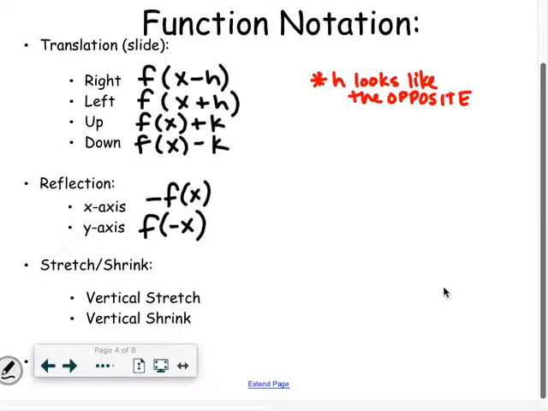Okay, so then there are the stretches and the shrinks, and those are the ones where your graph gets wider or narrower. But we're going to try to use the vocabulary stretch and shrink because we're also going to be learning new functions later on that really can't be described as wide and narrow or like parabolas and these. So we're going to use this phrase vertical stretch and vertical shrink.